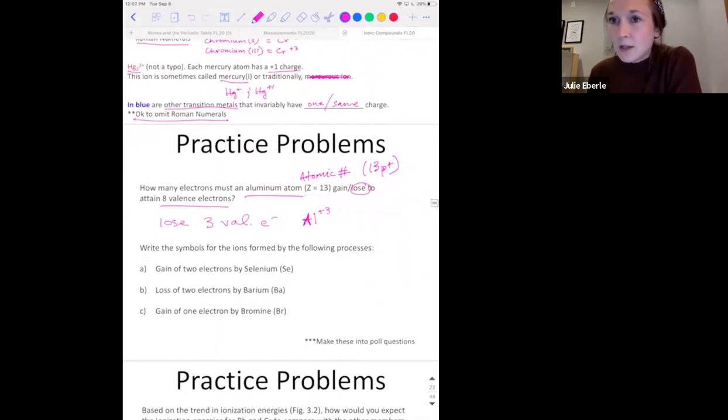Okay, let's do this last one and then we're done in our remaining time. Let's do this last practice problem. I want you to write the symbol for the ions formed in the following processes. Let's look at the first one. A gain of 2 electrons by selenium, Se. You don't even have to have a periodic table for these. Anybody want to say what they got?